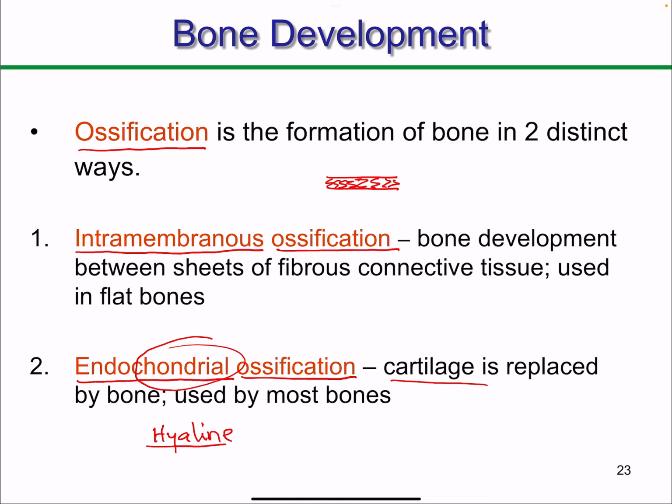This is typically the type of ossification that happens in long bones, all long bones regardless, right? Whether you're talking about the humerus, the femur, the ulna, the radius, the fibula, the tibia, right? So all these long bones and many other long bones are formed through the process of endochondral ossification.